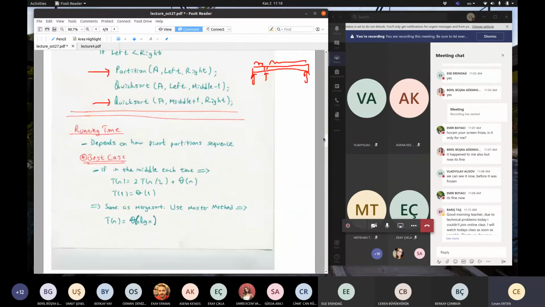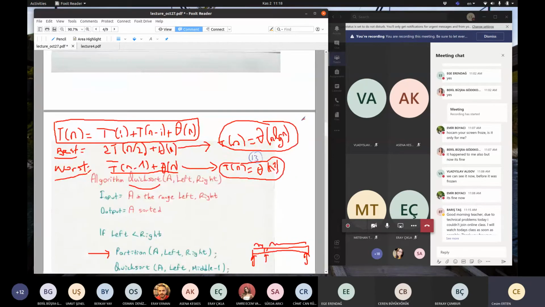Note that the best case running time is n log n. The worst case running time is n squared.